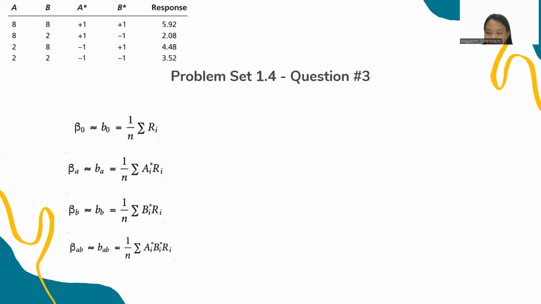In order to get the coded form, we will use the following equations. And since we have 4 responses, the value of our n is equal to 4.